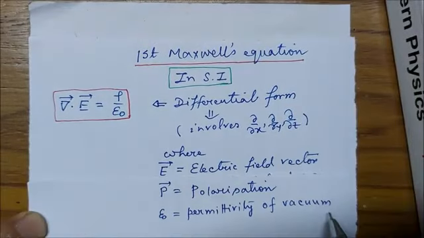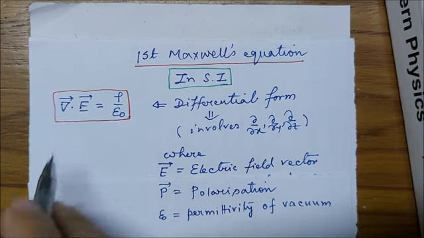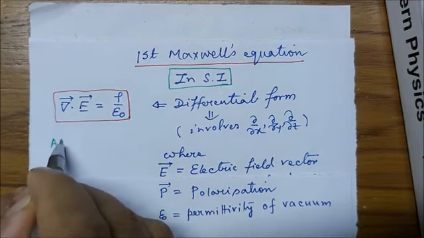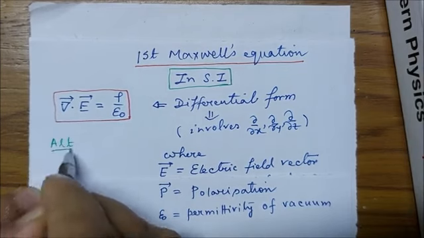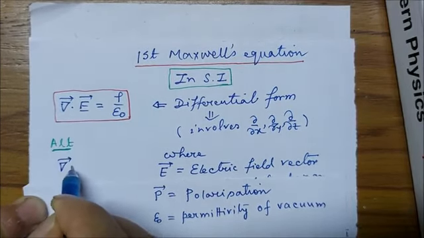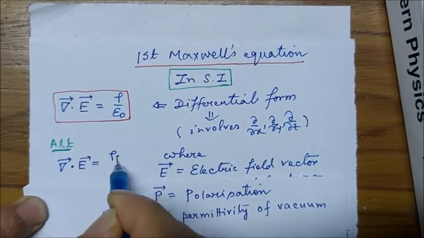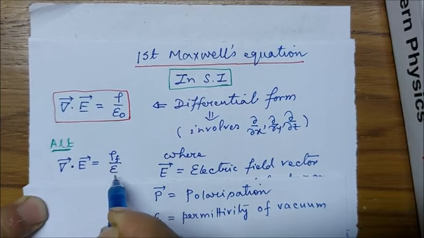We can alternately write the first Maxwell's equation as follows. Divergence of vector E is equal to rho f by epsilon.